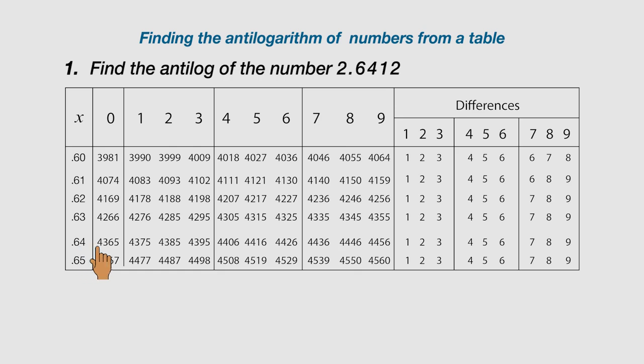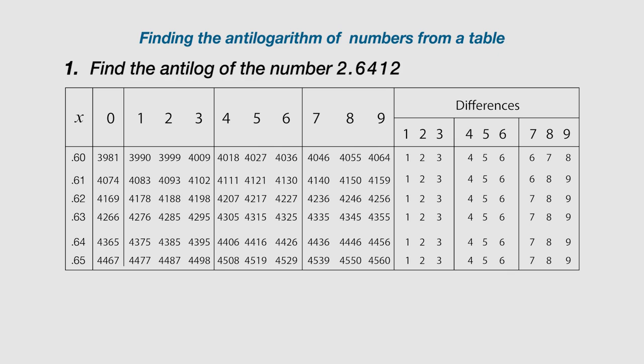Now when you get there, you find the number 4375. You continue horizontally to the part that is headed differences, and then you look for difference 2. Under difference 2, you will find the number 2. So you add these two numbers together. So we will add 4375 plus 2, and that gives us 4377.